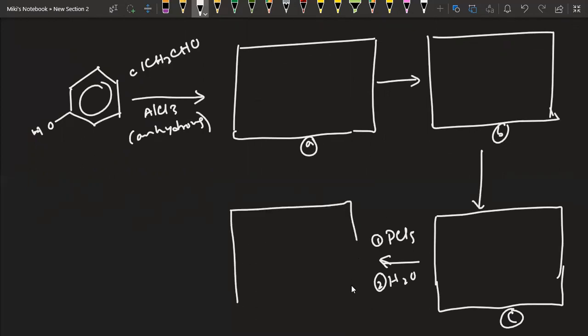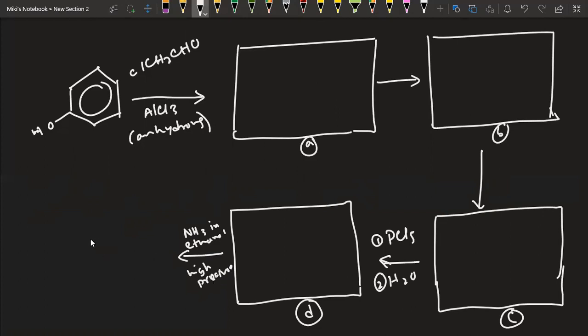Let's say this product is product D. Finally, when we add NH3 in ethanol, and let's say high pressure, okay, we get this component.